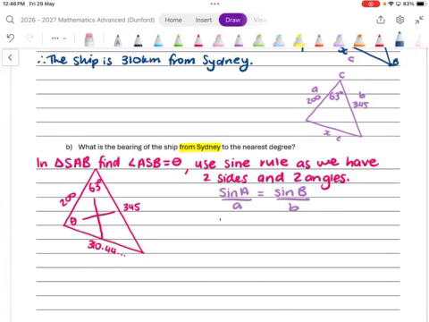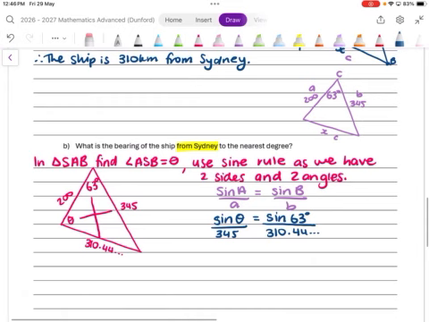So we will have sine theta over 345 equals sine 63 degrees over 310.44 dot, dot, dot. All right, so because we have a part B, we want to use the entire value from part A to help us with our rounding.